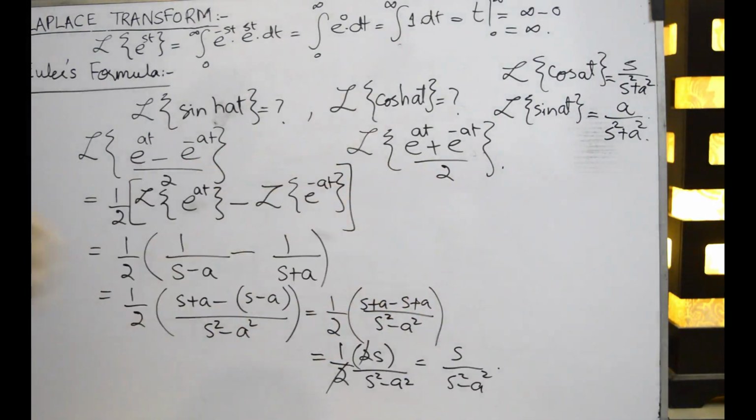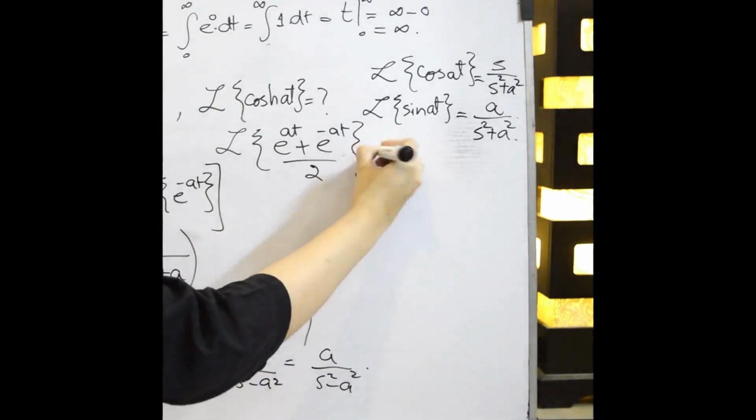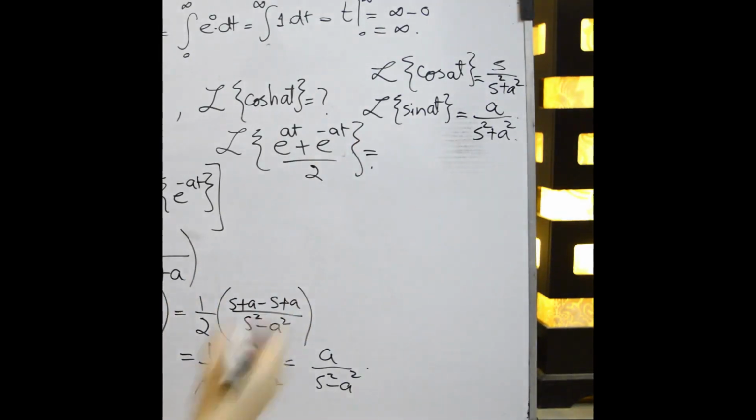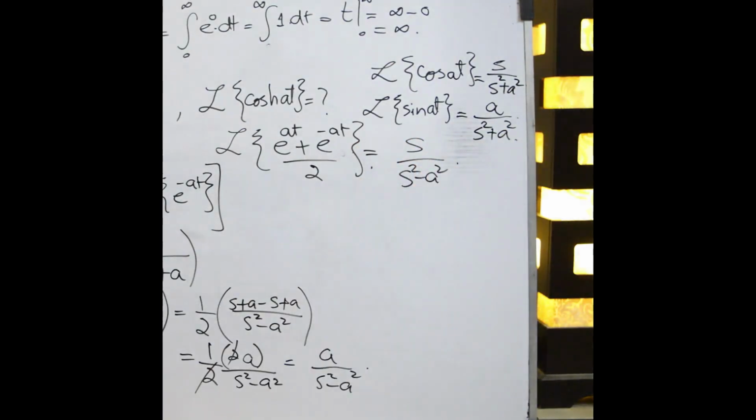By using a similar technique, you can also find the Laplace transform of cos hyperbolic at, which you can do on your own, and that is s divided by s square minus a square.